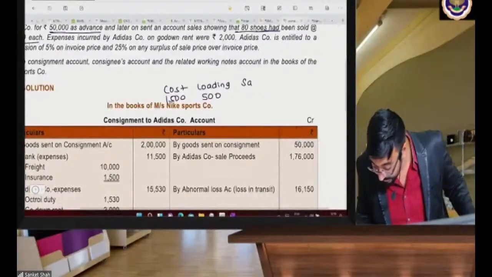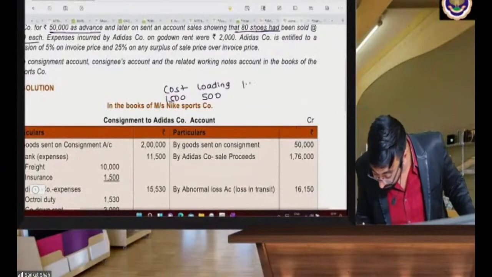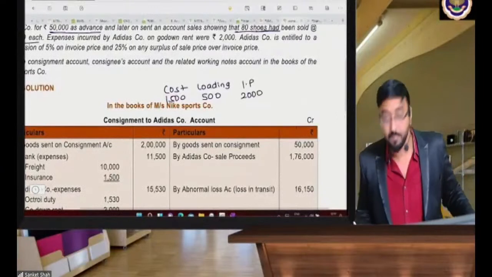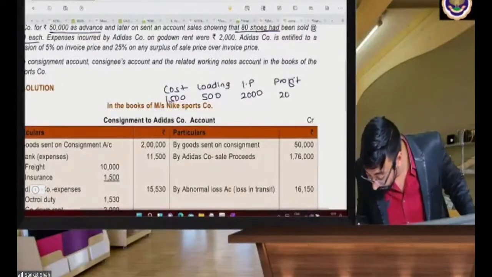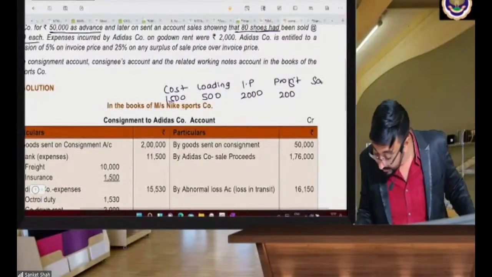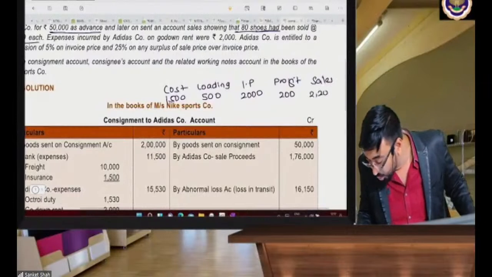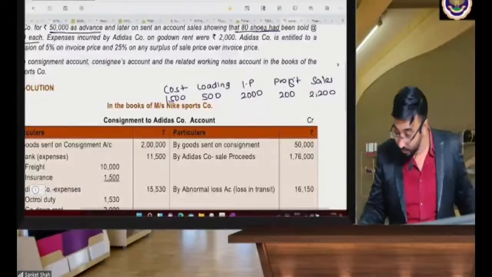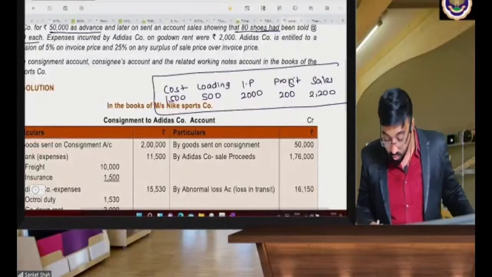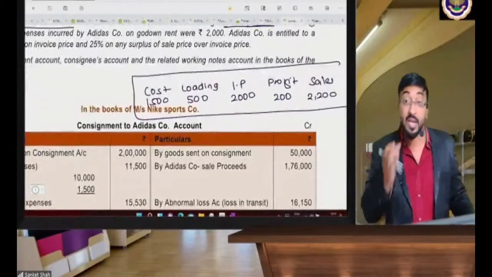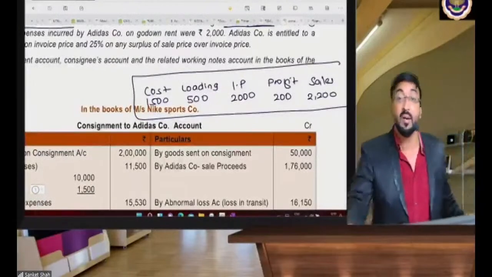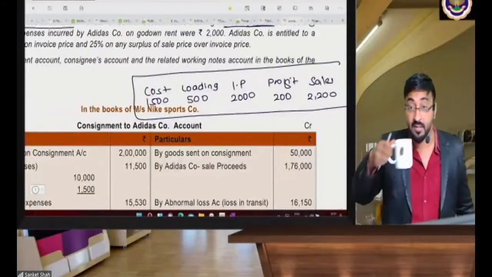And invoice price, see, invoice price is 2,000. Profit 200. And sales 2,200. Make this equation. Sales is 2,200. You can check here. So this is the equation that you have to prepare: 1,500 cost, loading, invoice price, profit, and sales.